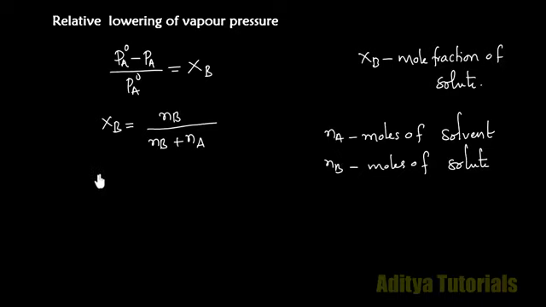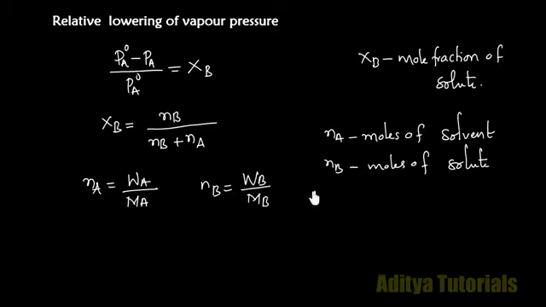For example, the number of moles of solvent is equal to the given weight, that is Wa, divided by the molecular weight of the solvent. Similarly, the number of moles of B is equal to the given weight, that is Wb, divided by the molecular weight of the solute B.